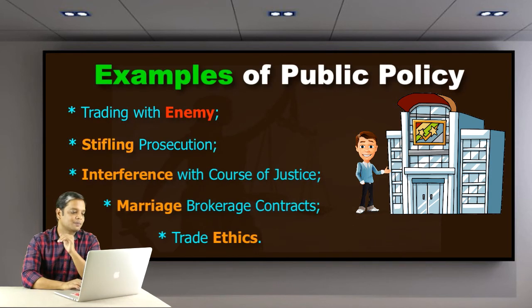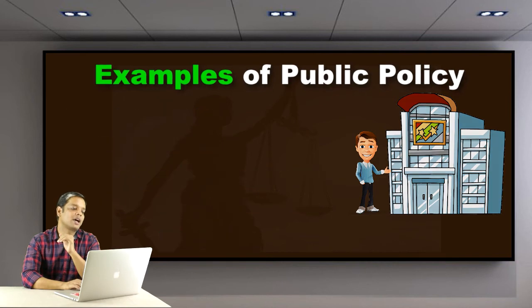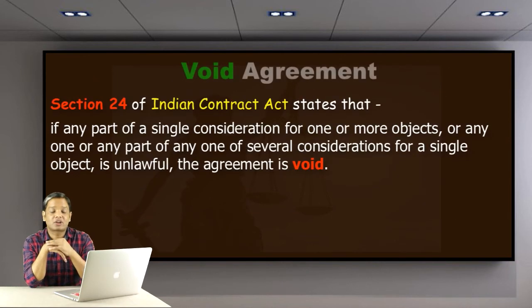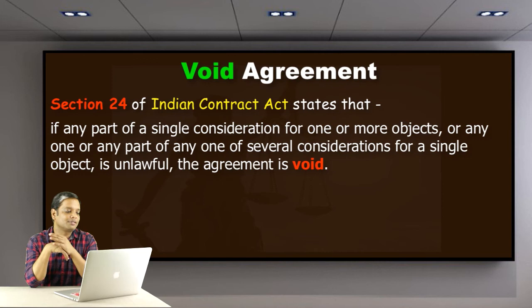Now the last point of this topic is void agreement. Section 24 states that if any part of a single consideration for one or more objects, or any one or any part of any one of several considerations for a single object, is unlawful, the agreement is void. Of course, I understand the language is pretty complex, but don't go into the language.